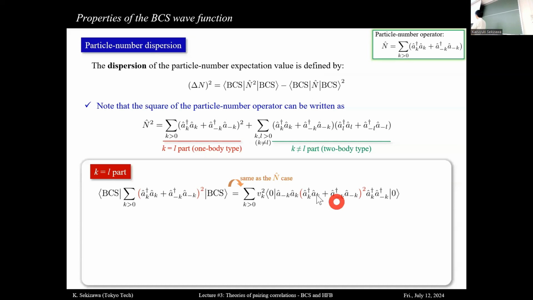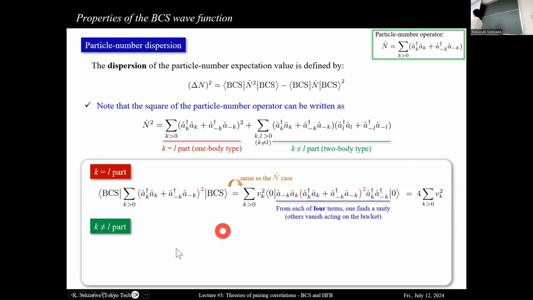And we can expand this. Since there are four terms, it results in 4. In the case before, there was the factor of 2, and in this case, since there are 4 terms, we have a factor of 4.